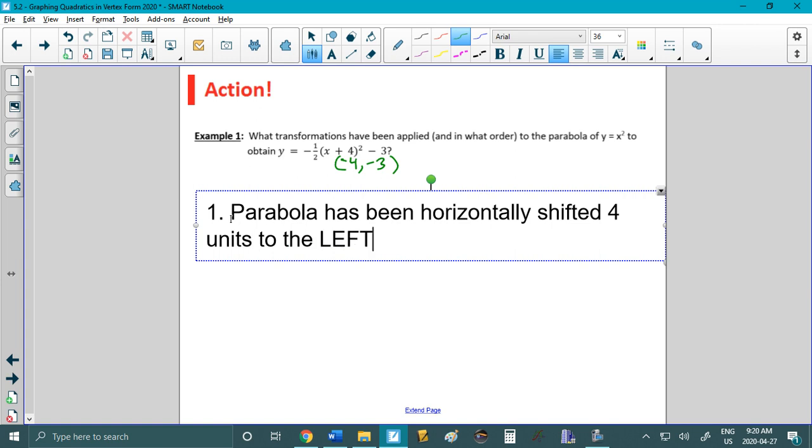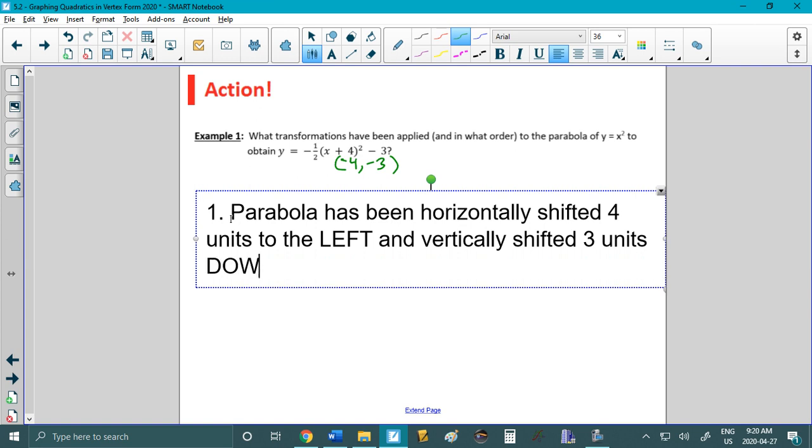It's left, because that -4, negative goes to the left, and vertically shifted 3 units, and I want you to think, is it up or down? It's -3, so it's down.